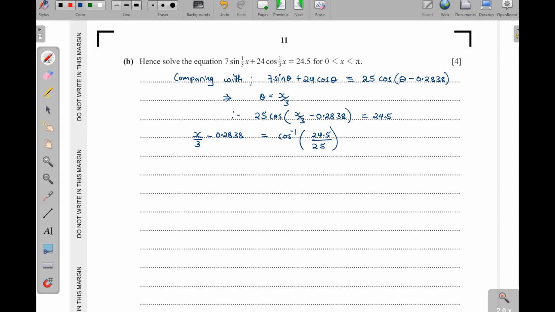Now, this one here, we can see that it is positive. So cosine, we know that it is positive in, and you can see that this one is from 0 to pi. So we are considering the first quadrant and then the second quadrant. So 0, then this will be pi over 2, then this is pi, then this will be 3 pi over 2. Then when we come back here, this is 2 pi. All are positive, on the sine positive, on the tan positive, on the cosine positive.